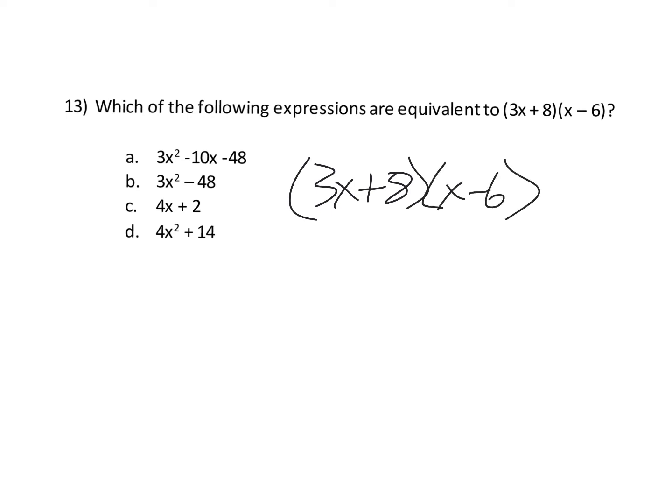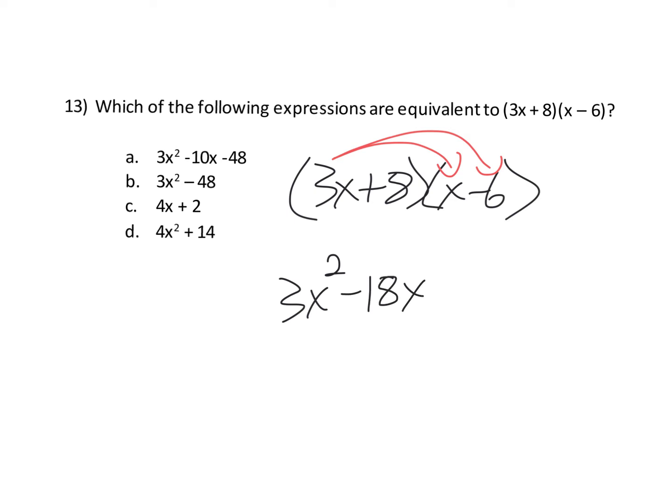Okay, so we can use our distributive property again, where we multiply the first term, 3x, times both terms in the second expression. When we do that, 3x times x is 3x squared. And then 3x times negative 6 is negative 18, or minus 18x.